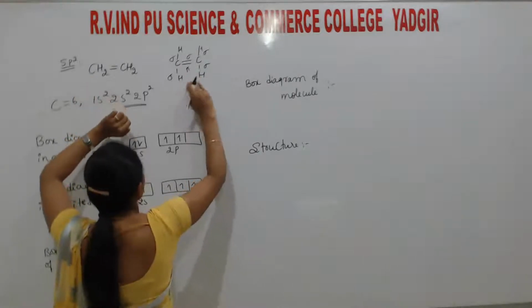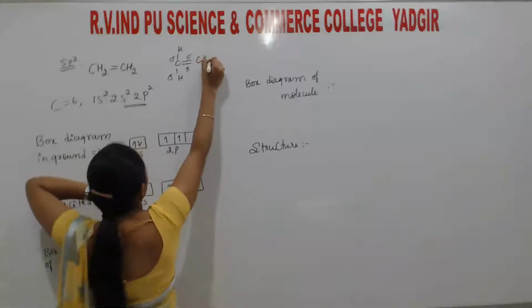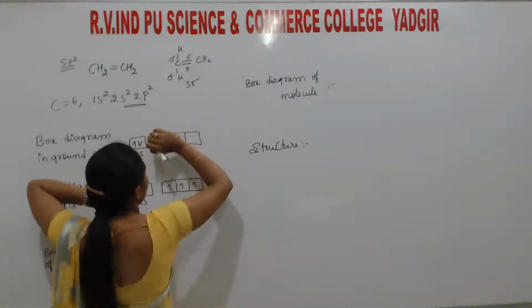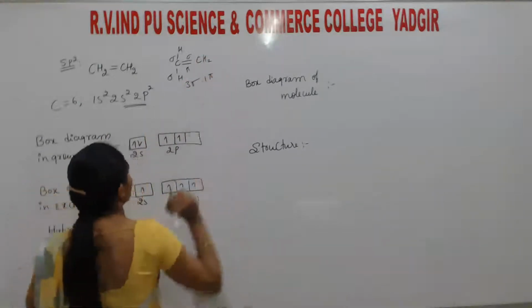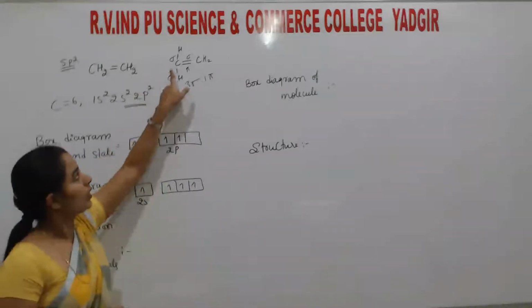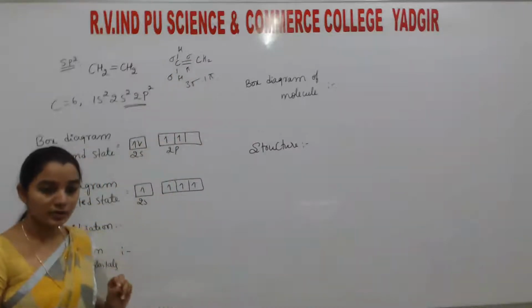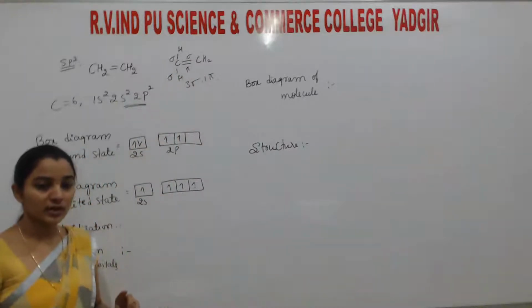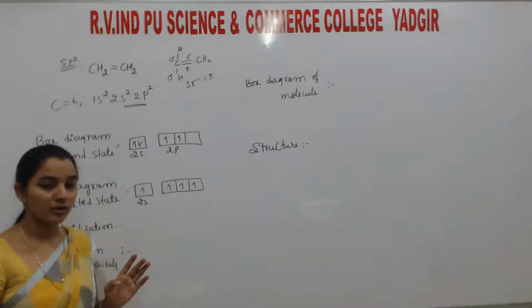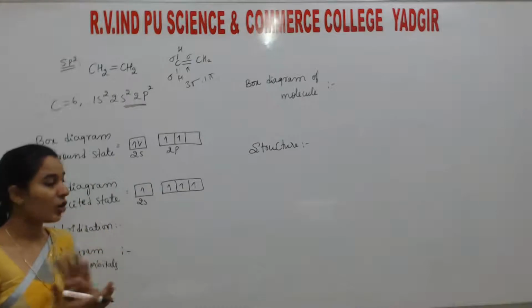For this carbon only you will consider, for this you won't. 3 sigma bonds are there, 1 pi bond is there. For this carbon alone I am taking 1, 2, 3 sigma bonds, 1 pi bond. And remember, in hybridization, only sigma bonds are considered, but not pi bonds. Are you getting? Only sigma bonds are considered, not pi bonds.